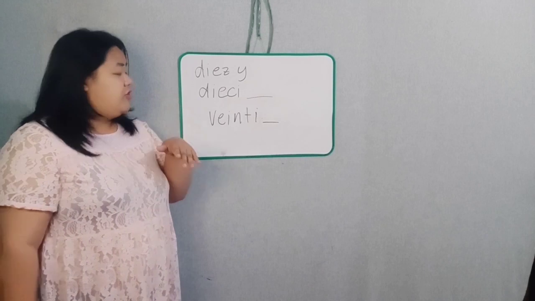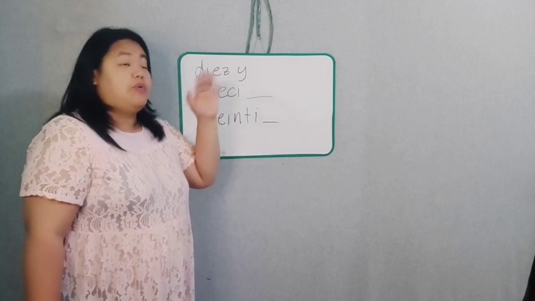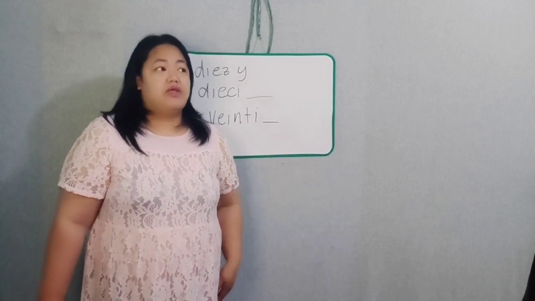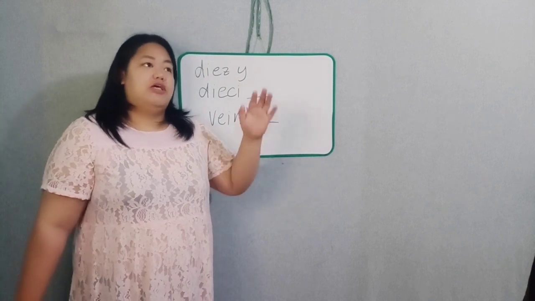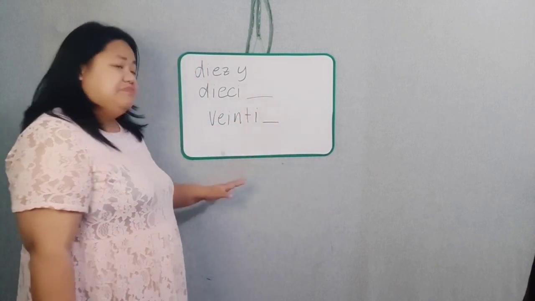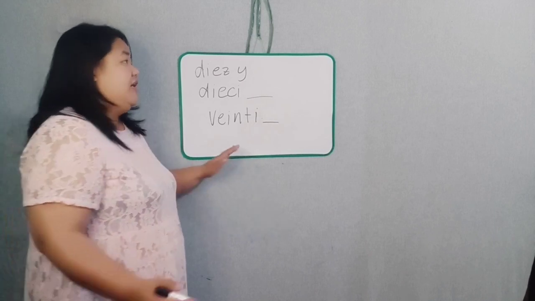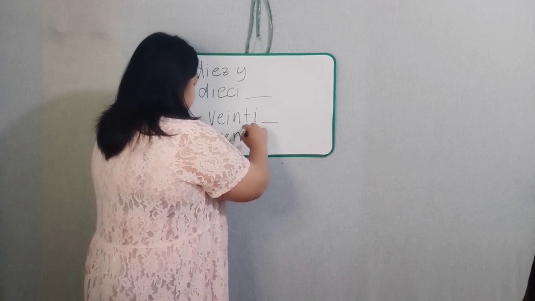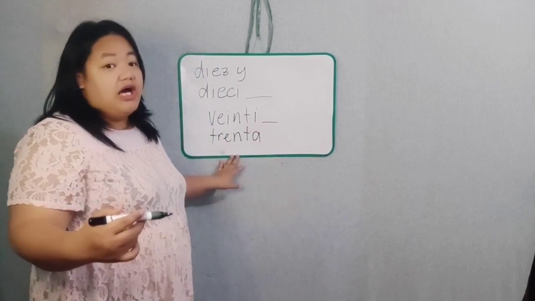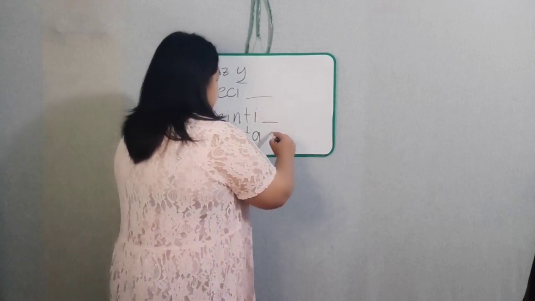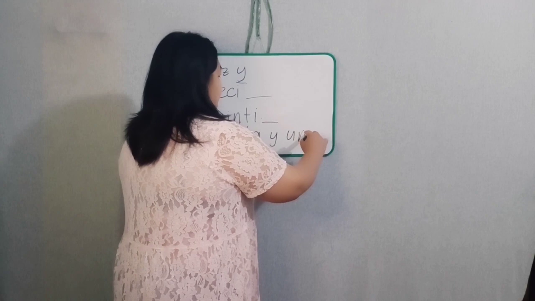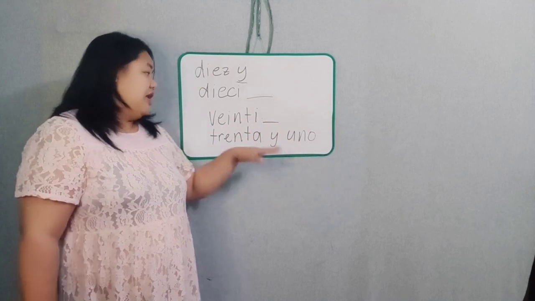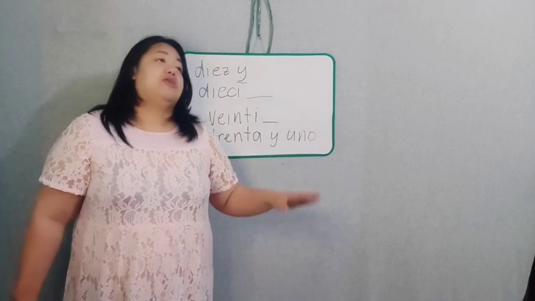Okay. So now that you have your 21 to 29, let's go to your 30. 30 would be treinta, and then of course, how you read 31 in Spanish is treinta y uno, then 31 until 39, 32, 33 until 39.